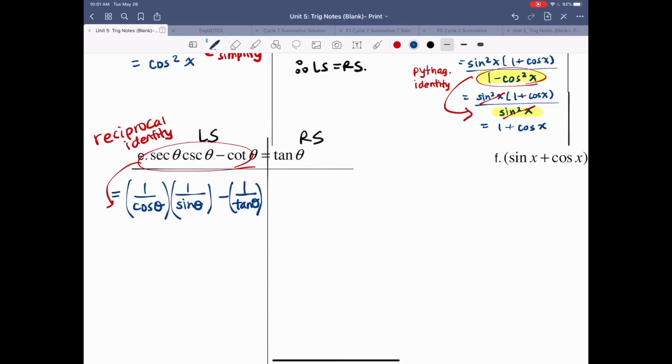Remember, when you're multiplying fractions, you multiply across like that. And so you have 1 divided by cos theta sine theta minus, well, 1 over tan theta is cos theta divided by sine theta.